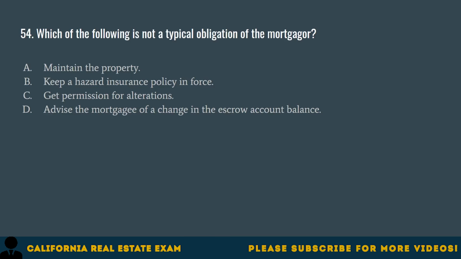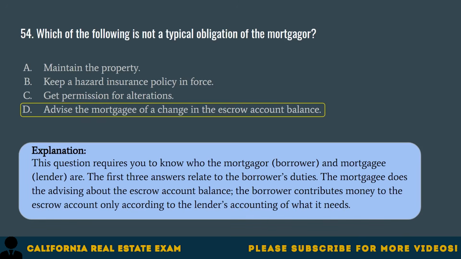The correct answer is D. Advise the mortgagee of a change in the escrow account balance. This question requires you to know who the mortgagor, borrower, and mortgagee, lender, are. The first three answers relate to the borrower's duties. The mortgagee does the advising about the escrow account balance. The borrower contributes money to the escrow account only according to the lender's accounting of what it needs.